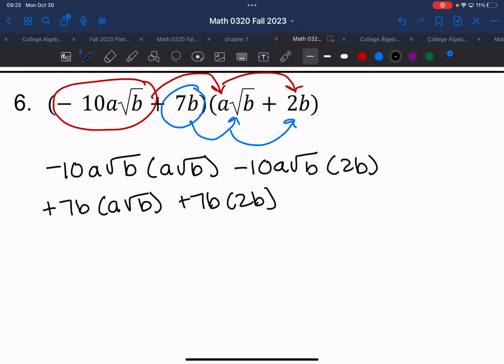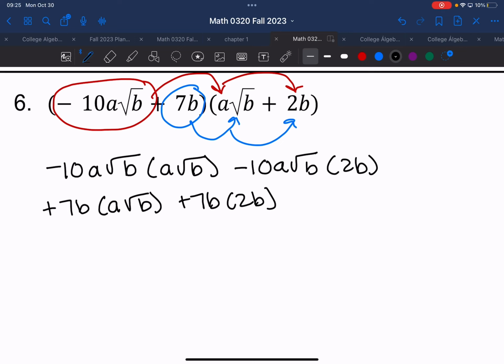Okay, so foiling everything out, that first step you should have written is negative 10a square roots of b times a square roots of b. And then negative 10a square roots of b times 2b, that's the first part.